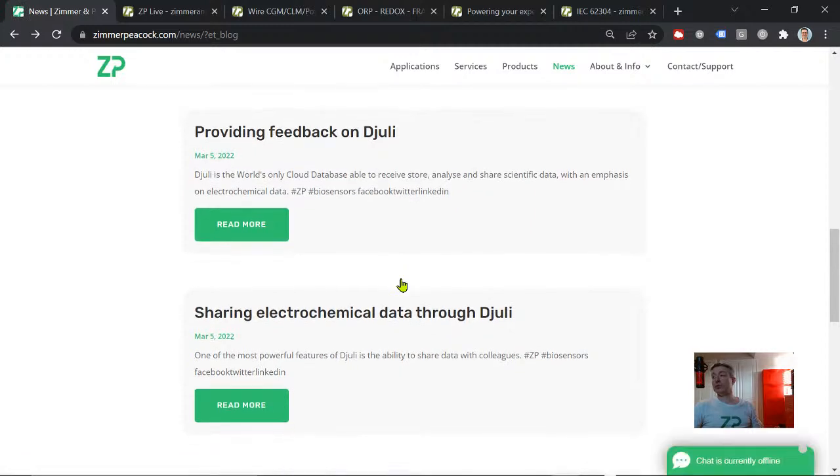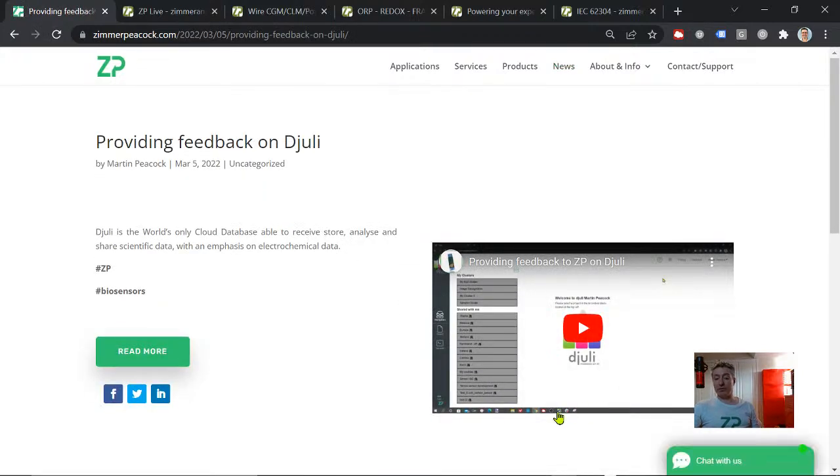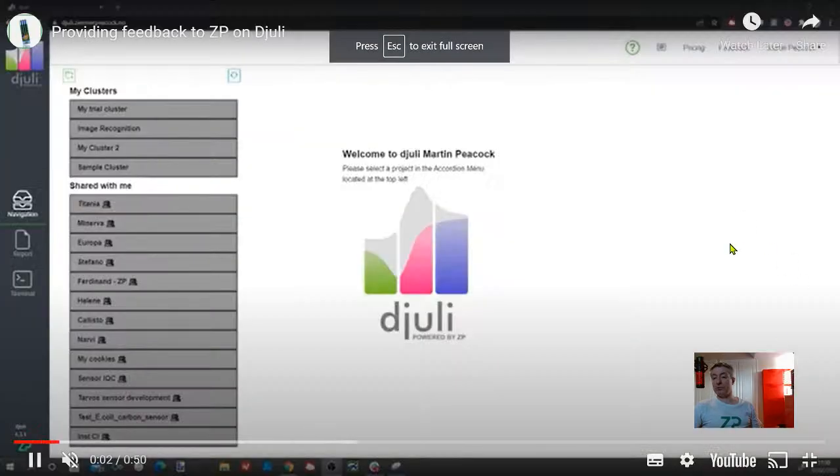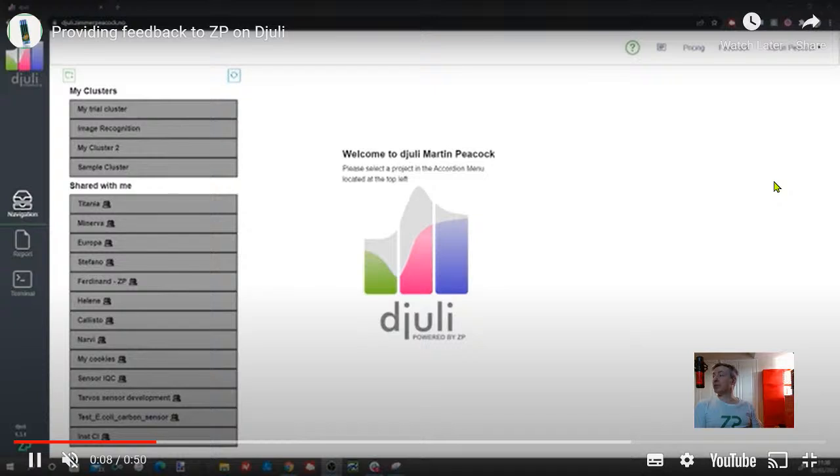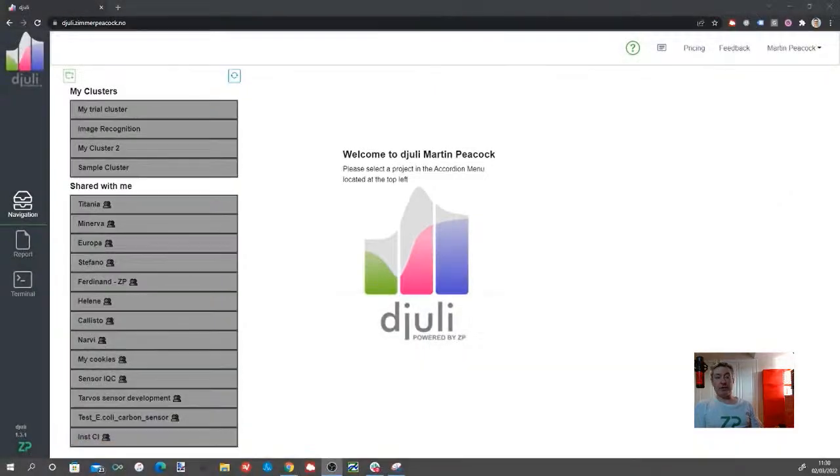Now, like any good cloud system, we also need to provide feedback for that system, and so Joule also has a strong feedback feature. You can't go to market with a product and not expect to receive feedback, because at ZP I really believe in the philosophy of MVP, minimally viable product, especially with these kinds of cloud systems.